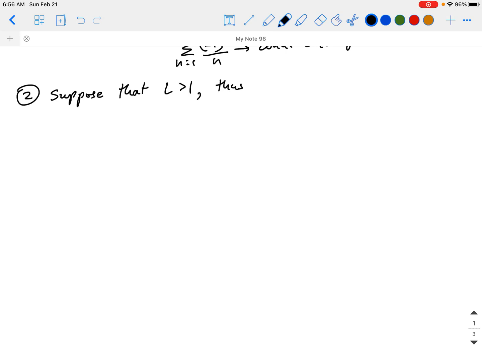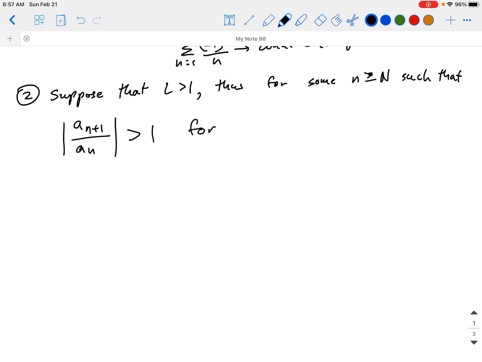So thus, for some n greater than or equal to some capital N. So that's going to be some term out in our series that is far enough out such that we'll get the absolute value of a_(n+1) over a_n is greater than 1 for all n greater than or equal to N. So it might not be greater than 1 for maybe the first 100 terms or the first 10 terms, but this is going far enough out where it will always be greater than 1.